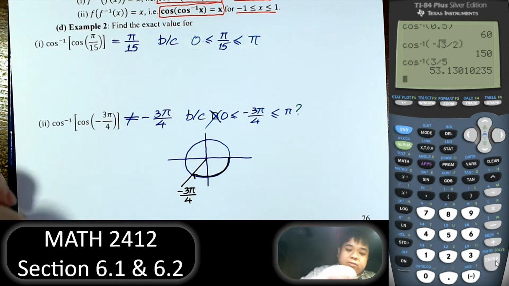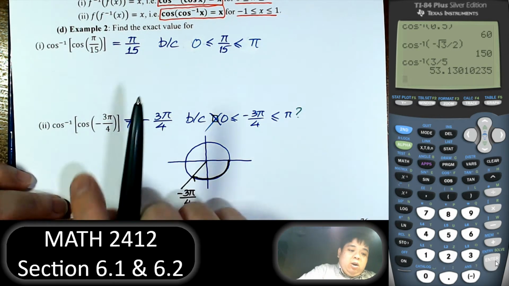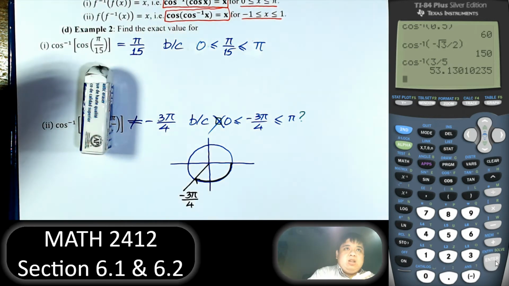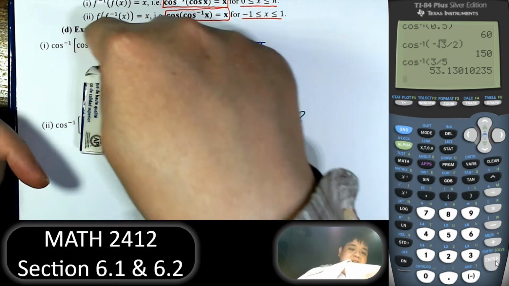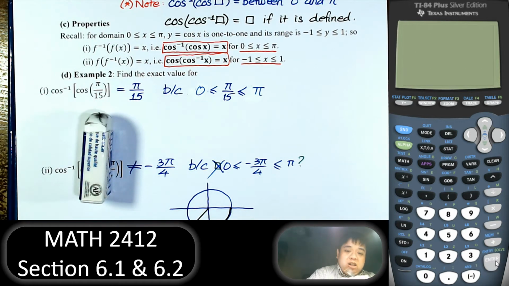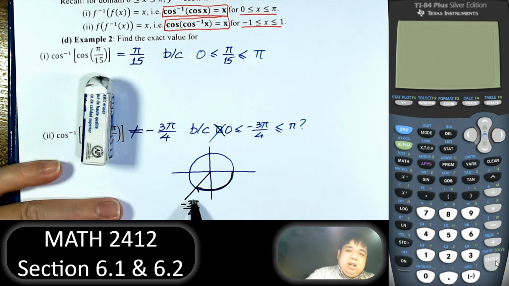Now, the answer, it doesn't matter what we have inside here, when we have cosine inverse, it has to be between 0 and pi. If it is between 0 and pi, that's good. If it is not, the answer still has to be between 0 and pi. So what do we choose as the angle so that it will be the same as this?